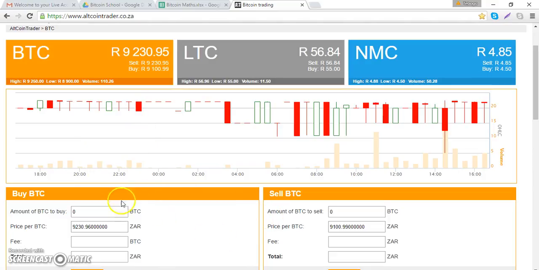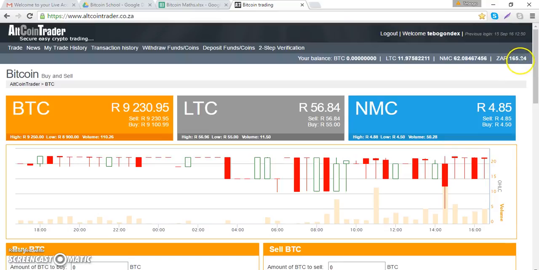Now, when you come here, this is the portion where you buy your Bitcoins. The first thing that it shows, it says amount of BTC to buy. Remember, it is not saying the amount that you have here. It's not saying how much do you have to buy.